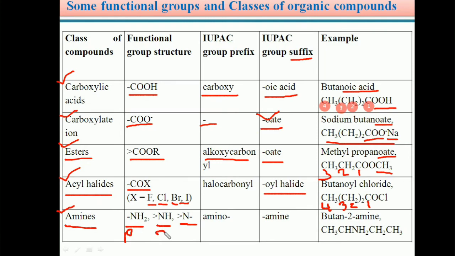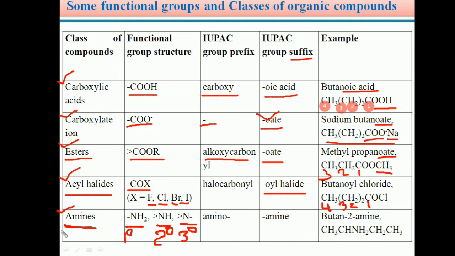If NH is connected to 2 carbon atoms simultaneously, it is a secondary amine. If nitrogen is connected to 3 carbons simultaneously, it is a tertiary amine. In amines, the functional group structure is NH2 or NH or N.